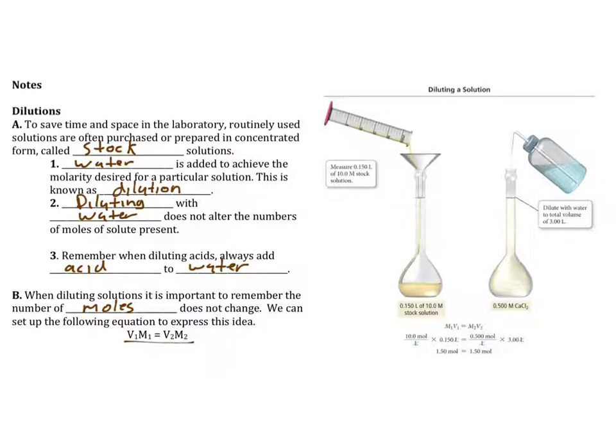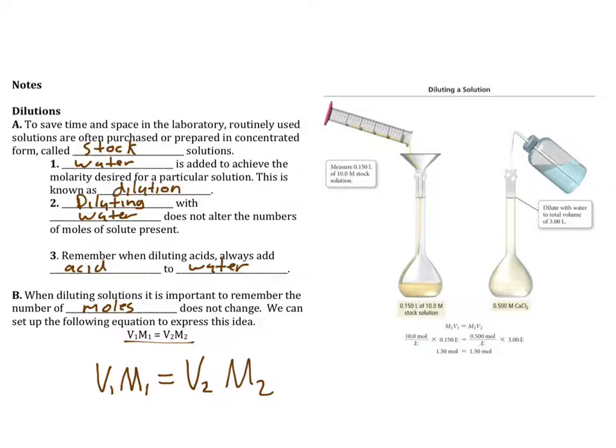We're going to use this equation to help us solve these problems. If we start with a certain volume and a certain molarity, and we change the volume to something else, we can calculate what the new molarity is going to be. This is very similar to the combined gas law from last unit.